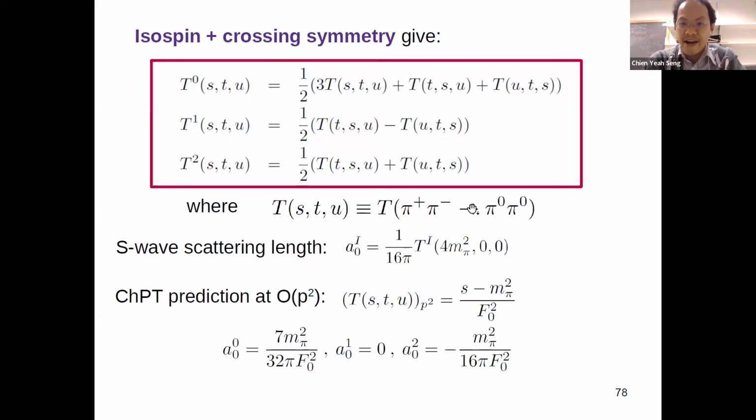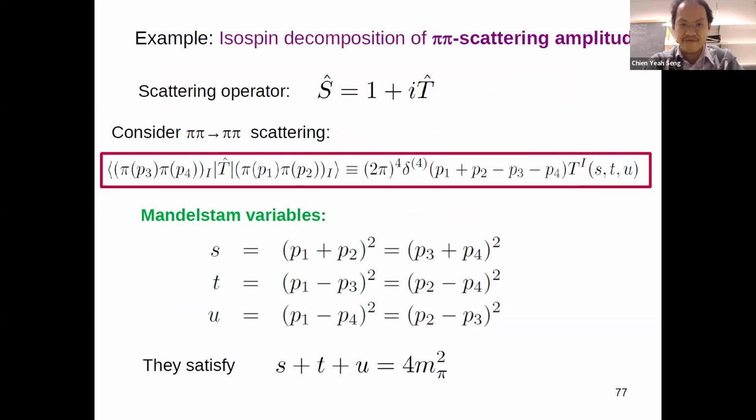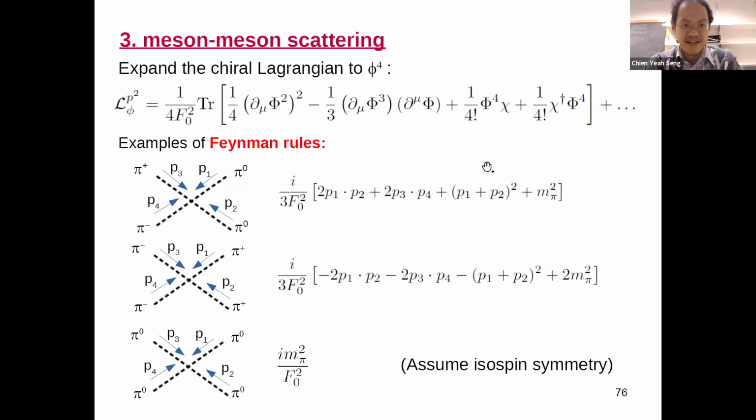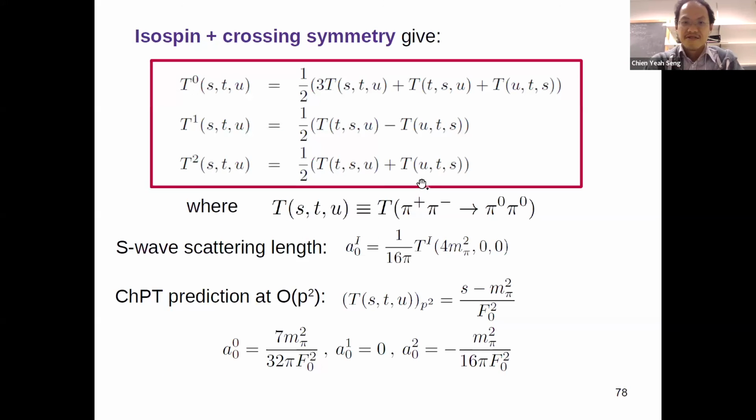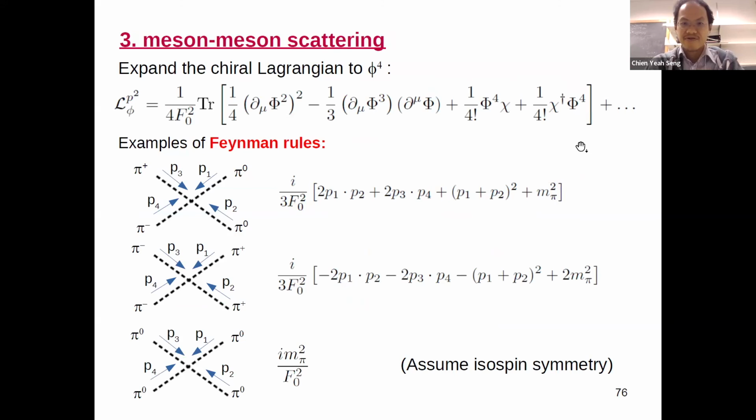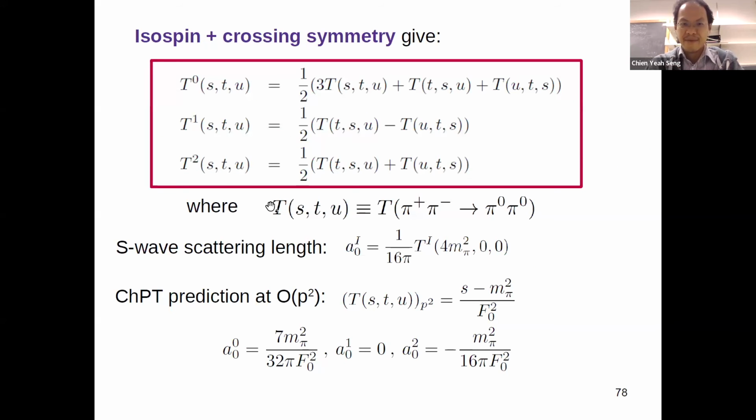The pi plus pi minus to pi 0 pi 0 amplitude can be computed using the Feynman rules, just this one Feynman rule. With this single Feynman rule, you can obtain all the isospin amplitudes.